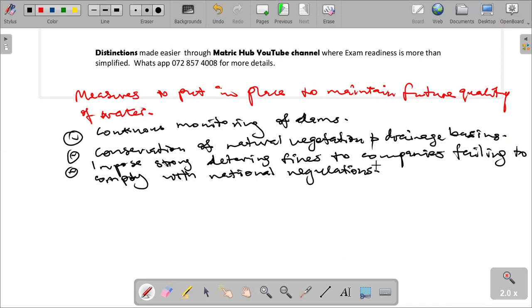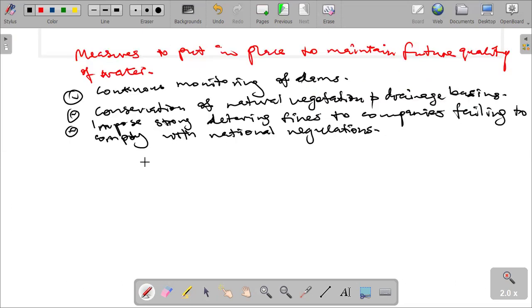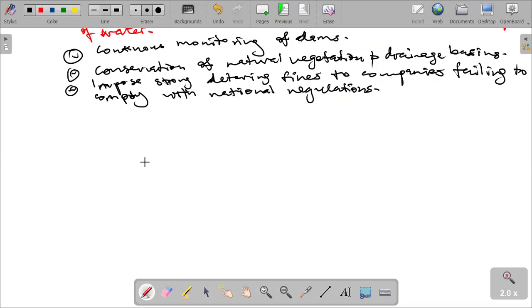So companies that do not want to comply need to pay some strong fines, which can make them afraid to fail to comply. That will also be a good measure that can control that.